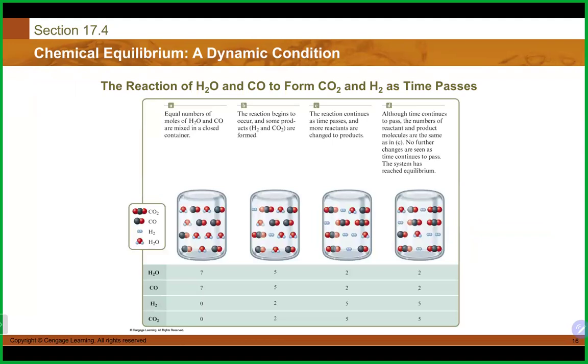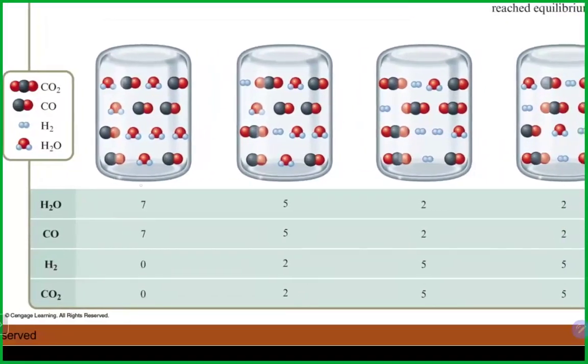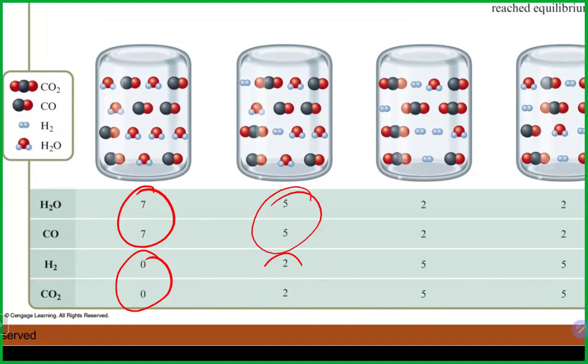Now, when it does reach equilibrium, as I mentioned before, it does not mean that you have the same amount of everybody on each side, but it will lock everybody into place. As you can see here, initially we have all reactants, no products. As this reaction occurs, we use some of our reactants to make some of our products.